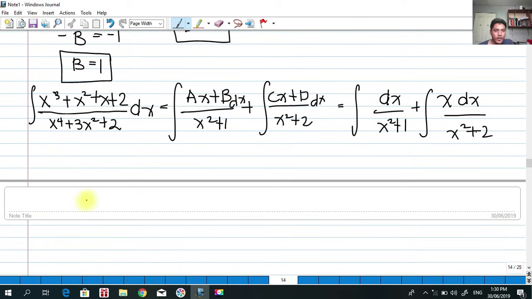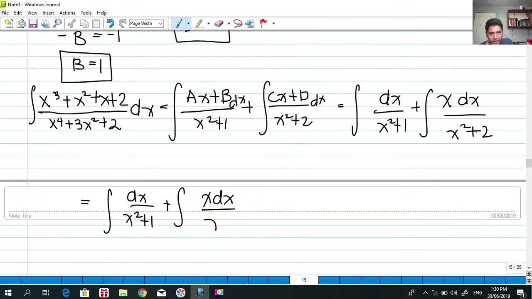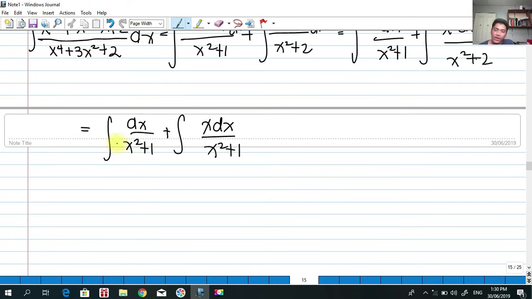Okay, so how do we integrate this? The final question is, how do we integrate the integral of dx over x squared plus 1, plus the integral of x dx over x squared plus 2? For the first, you cannot use ln because it has a square, but this is an integral yielding an inverse trigonometric function: arctan, arcsine, arccosine.